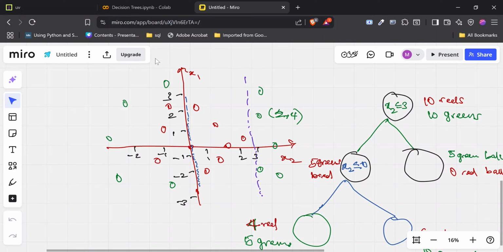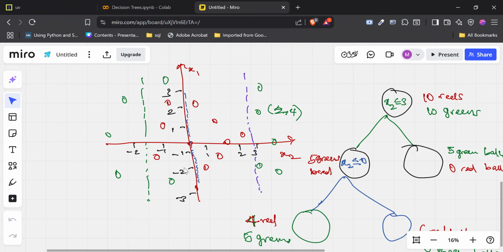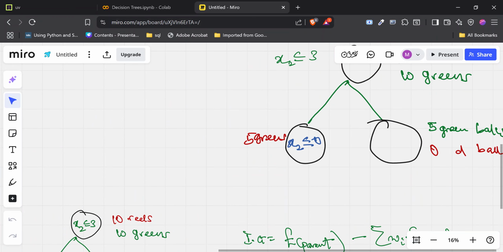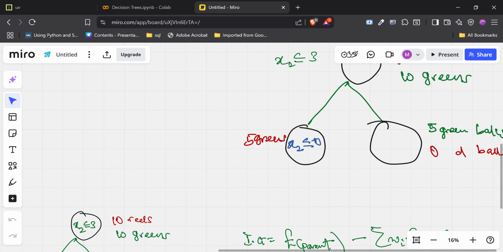Let me draw the line. That is the same x2, less than or equals to minus 2. So the second split is going to be x2 less than or equals to minus 2.